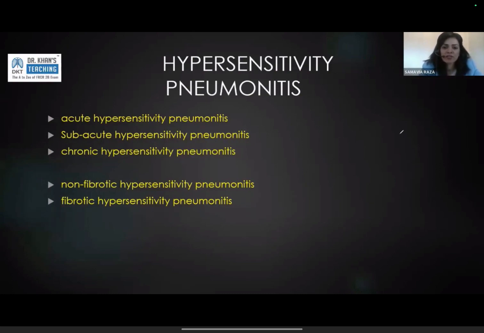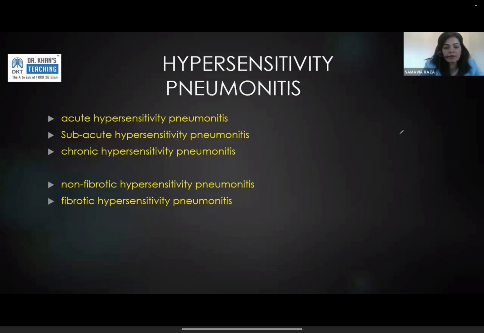The time of onset from the symptoms, or the time of onset from the insult that gave them that HP, is the major differentiation. So it's an arbitrary differentiation, because when you have a scan in front of you, if the patient said they became breathless a week ago or a month ago, it can be inaccurate, because that's when they first noticed the symptom. That doesn't mean the symptom hadn't started 8 weeks before that.